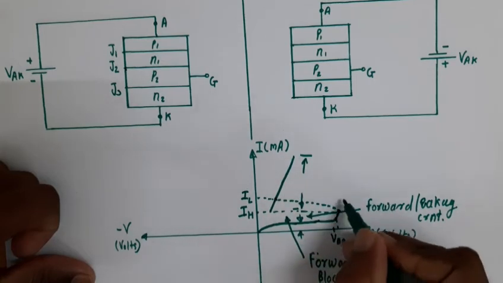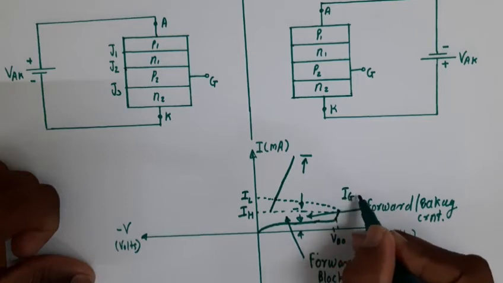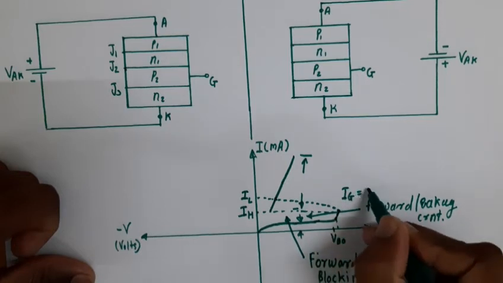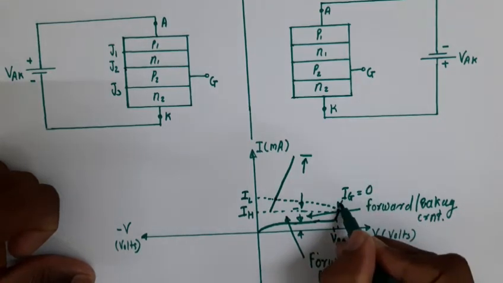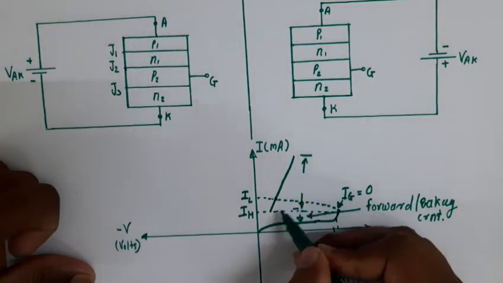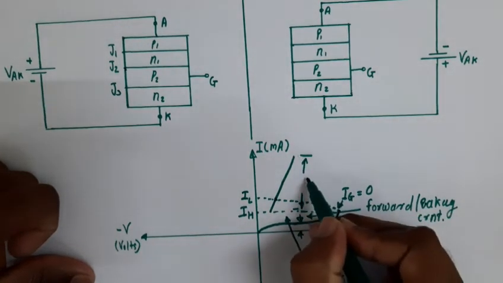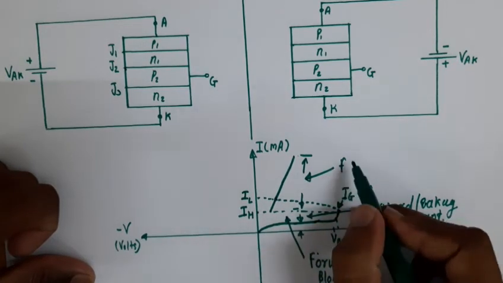Here the current applied to the gate is 0. So we denoted this Ig current is equals to 0, and this region is known as forward conducting region.